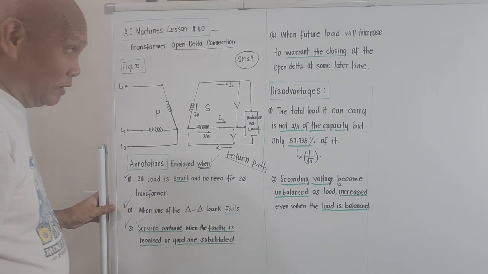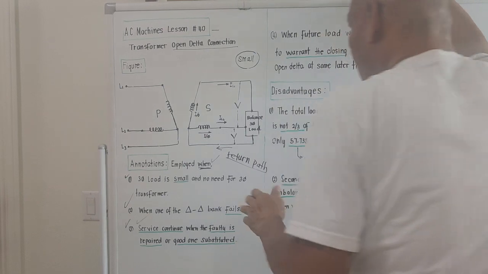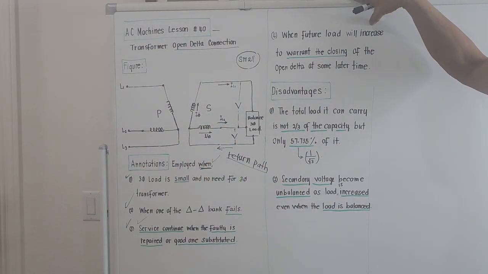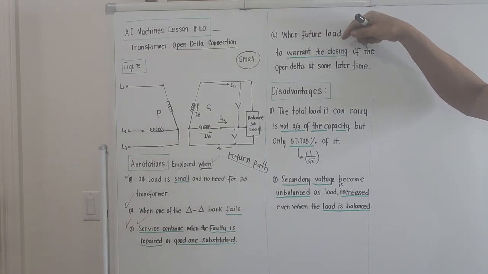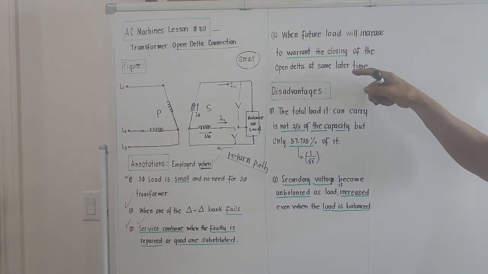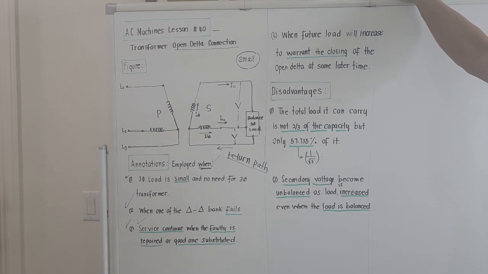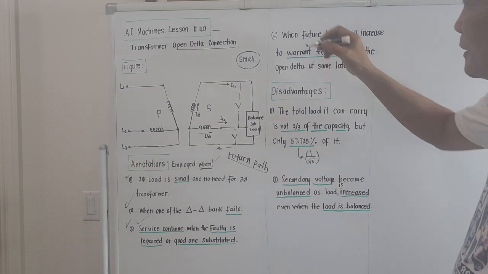Okay, number 4. Open delta is used when the future load will increase to warrant the closing of the open delta at some later time. Okay? Oh, this is just a side annotation.